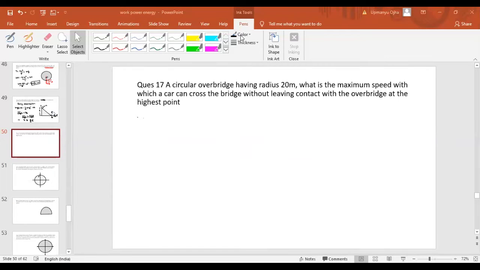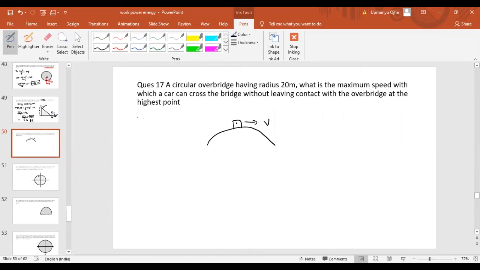We have a circular bridge like this, and a car is moving with some velocity v on the circular track. What is the maximum speed it can go so that it doesn't lose contact with the bridge?